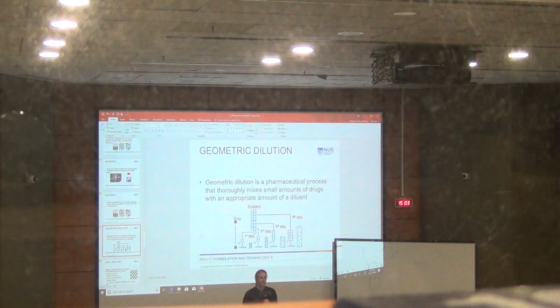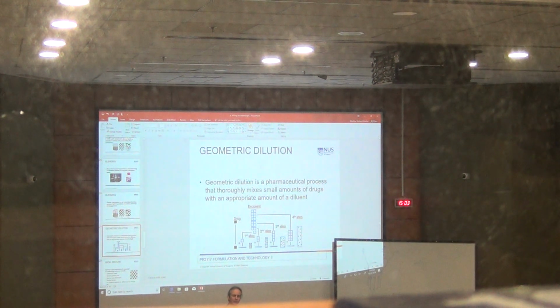We talked also about the principle of geometric dilution. What I said during the lecture is to imagine a powder as a dispersed system of a solid in a gas. If you understand that, then you also understand that the energy input that I give to a certain amount of powder matters, because I increase the dispersing forces in this powder.